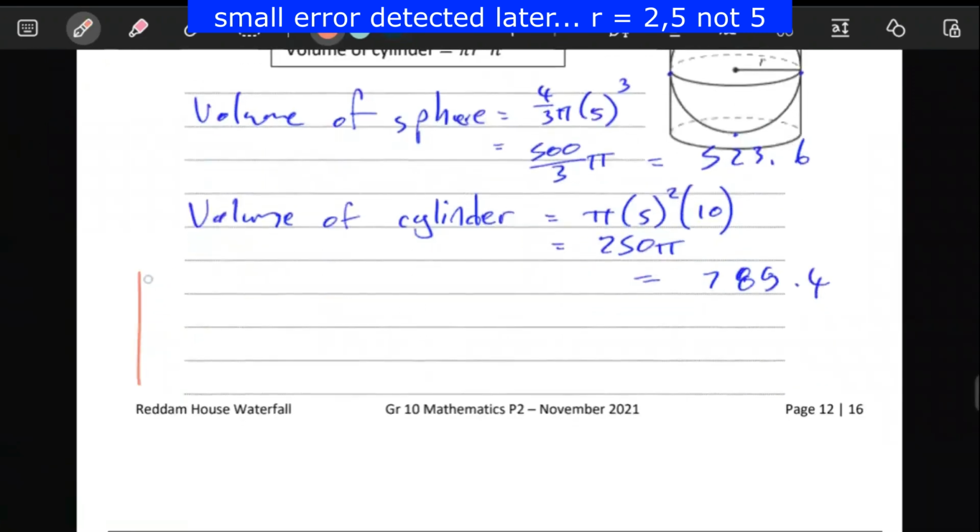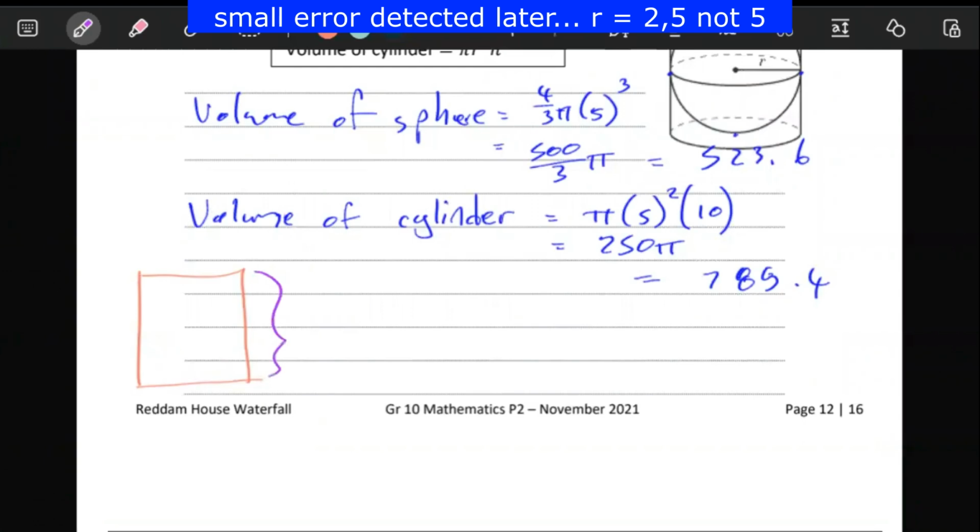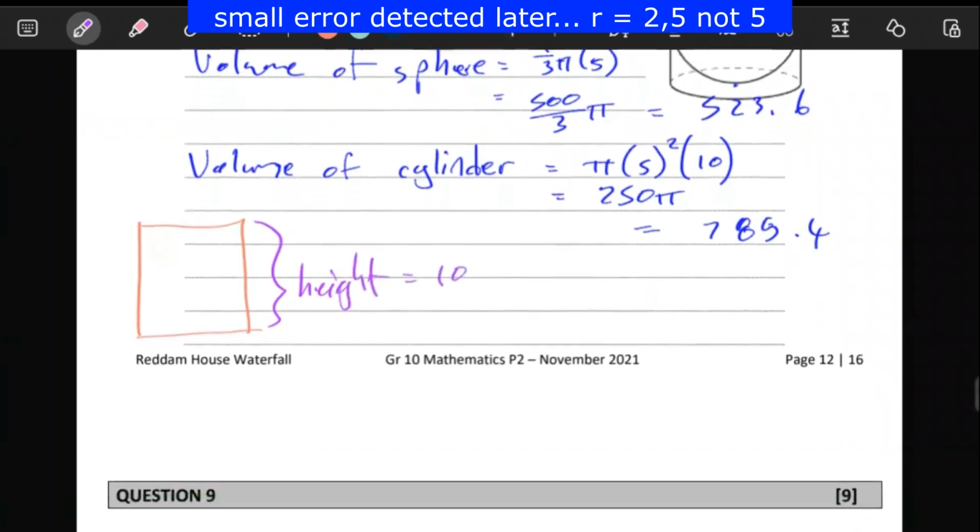Now the big idea is your cylinder. You have to look at it like this. This is your cylinder if you're looking at it from the front. The full height here is 10, and the volume of the full thing is equal to 785.4.